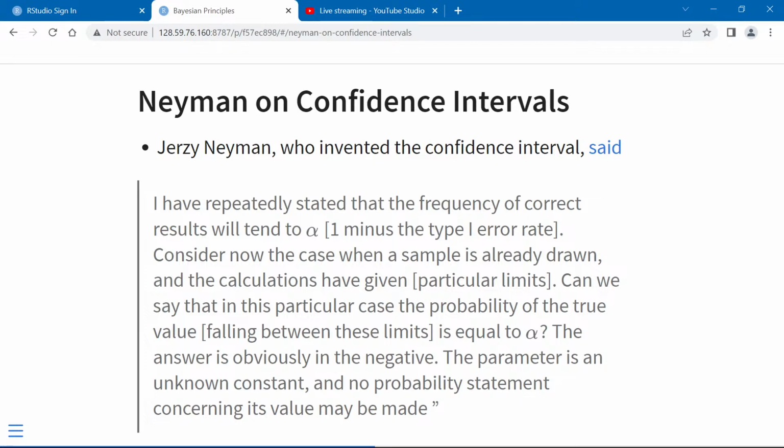So if the confidence interval for the vaccine effectiveness excludes 0.3 or not, that does not justify saying anything along the lines that there's a 95% probability that the vaccine effectiveness is greater than 0.3.